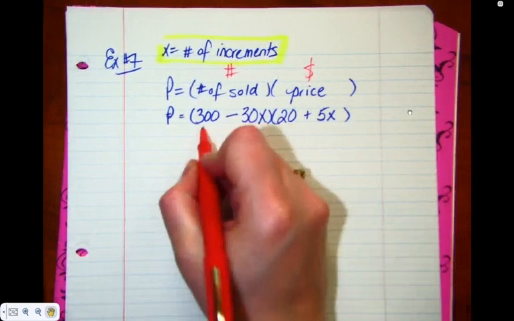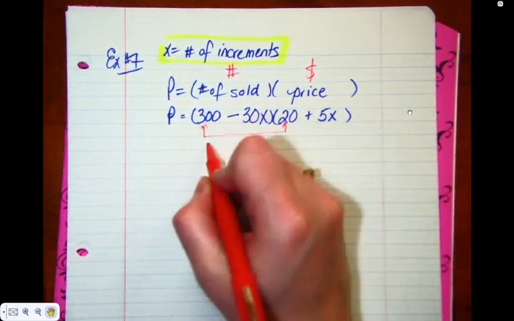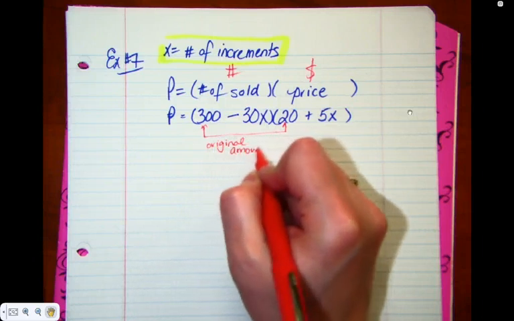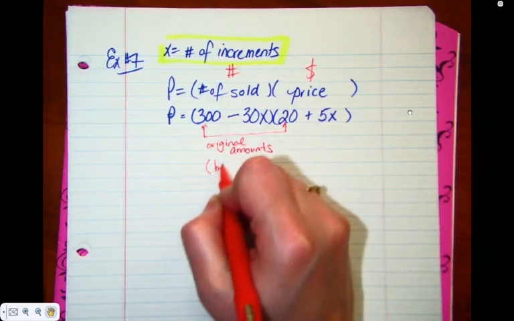So the way these are always going to work is the first numbers in each binomial are the original amounts, or what we call before the change.